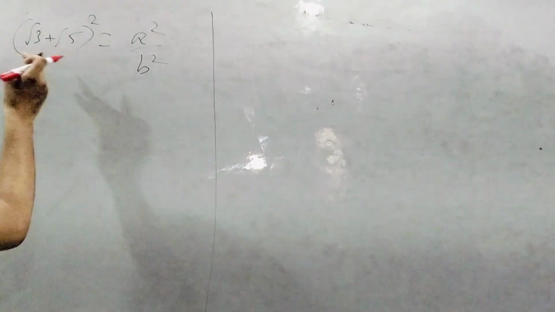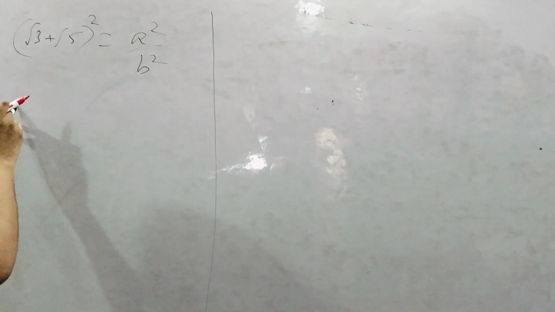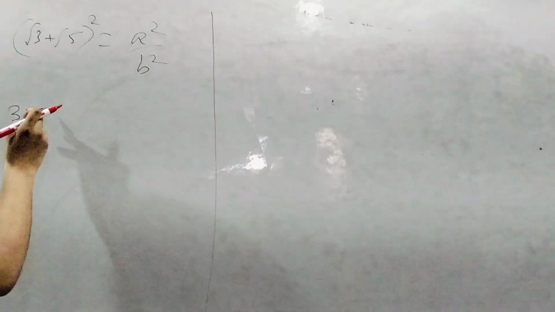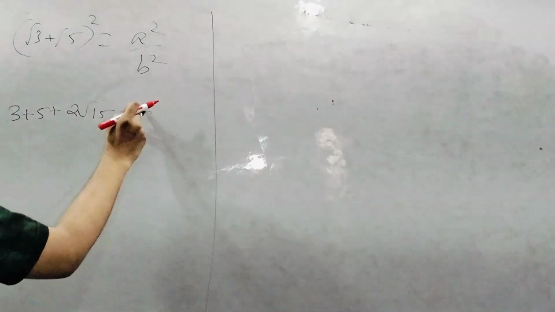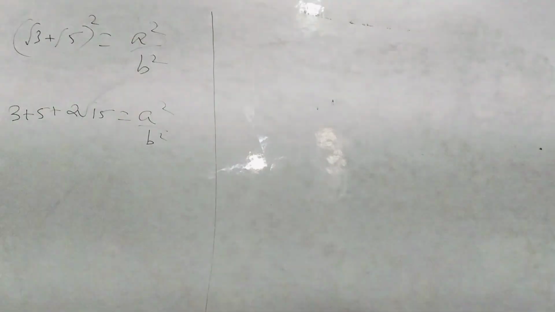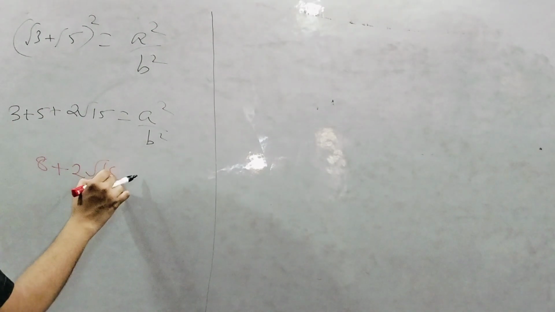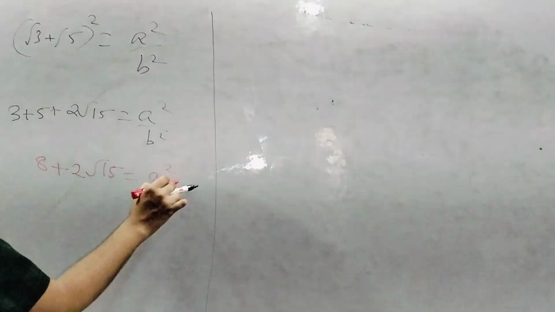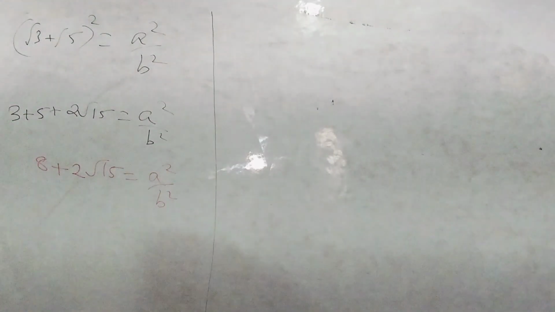Okay, so it is a square plus b square plus 2ab, equals a square upon b square. So this becomes 8 plus 2√15 is equal to a square upon b square.